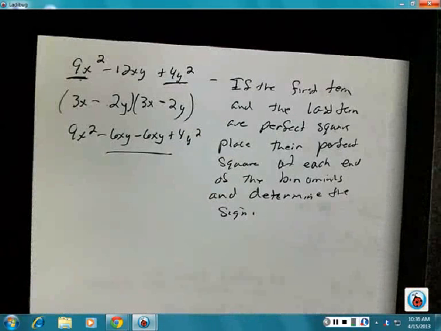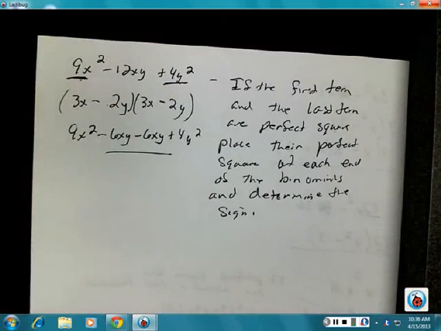So you're going to look at that and determine your pieces in there. You're going to look at your parts and say, if I've got perfect squares in there, I can break it apart.